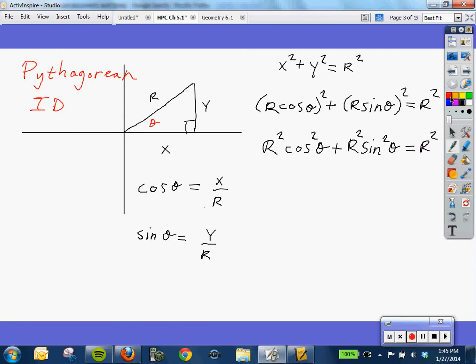What happens from here is if I divide each term by r squared, I'll end up with cosine squared plus sine squared is equal to 1. So far so good? What did sine squared say to cosine squared?